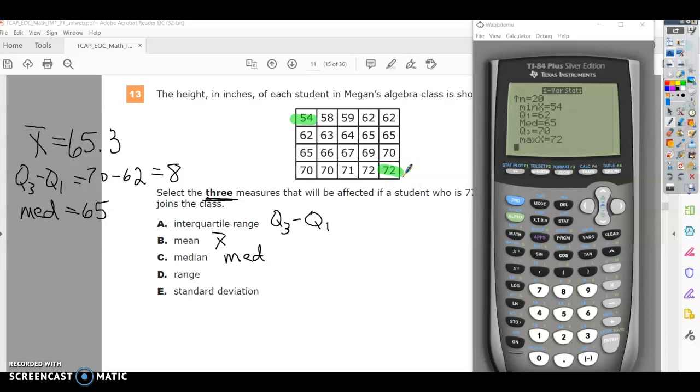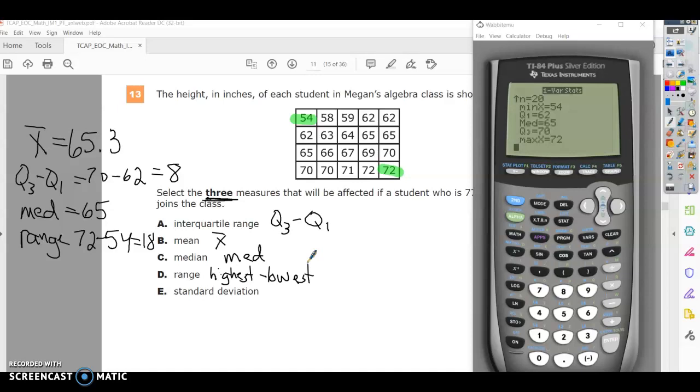So my range is 72 minus 54. And 72 minus 54 equals 18. So my range is 18. This is the highest minus the lowest number. I am not writing very good today, I'm sorry.